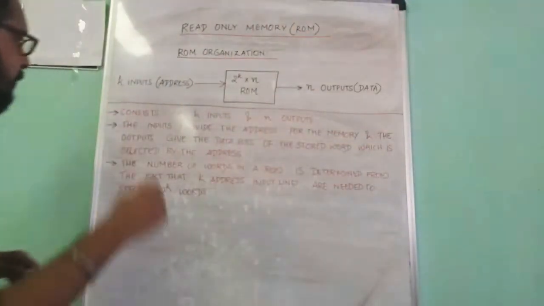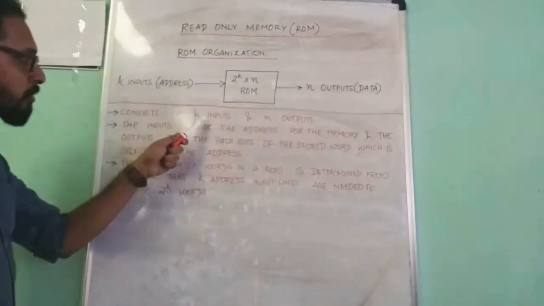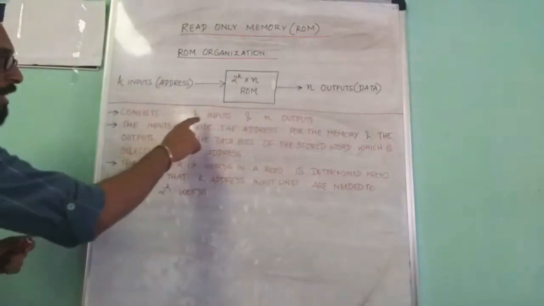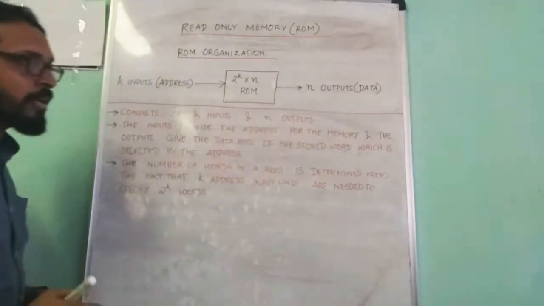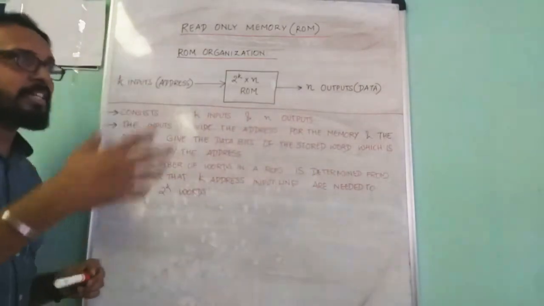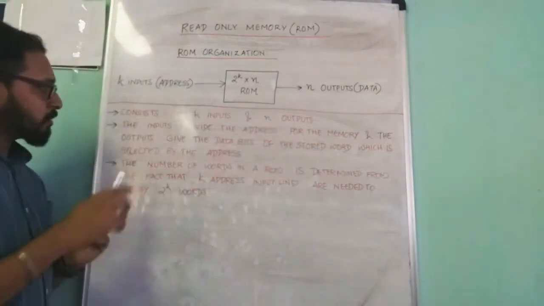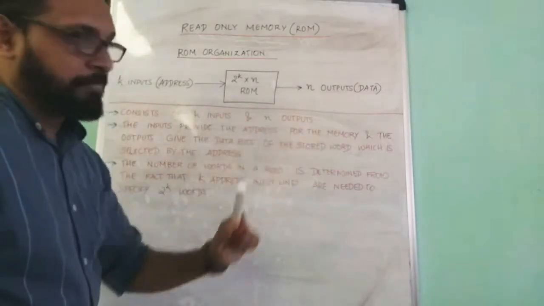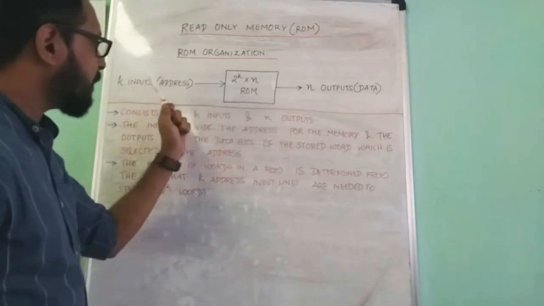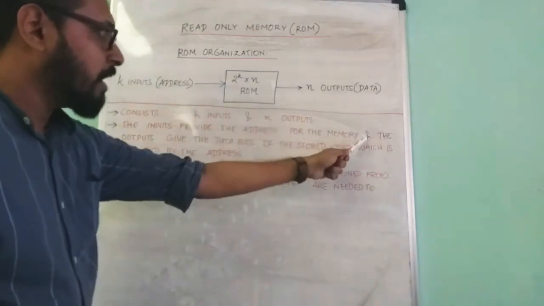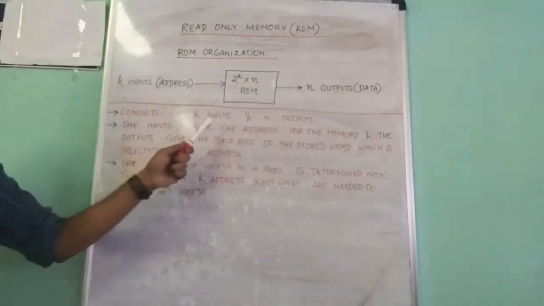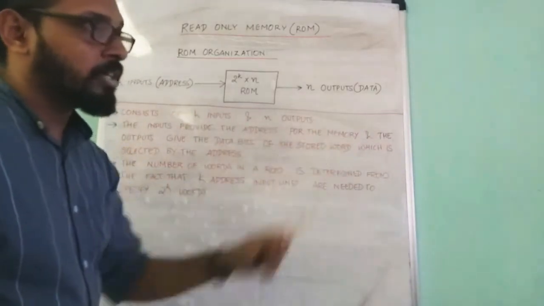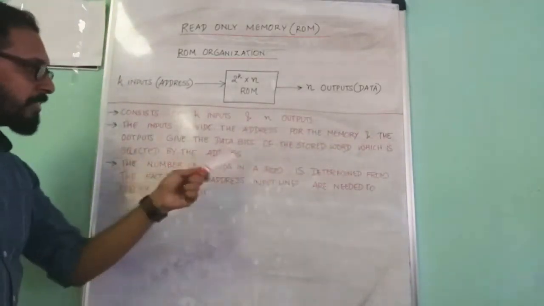The ROM consists of k inputs and n outputs. The inputs provide the address for the memory, and the outputs give the data bits of the stored word which is selected by the address.